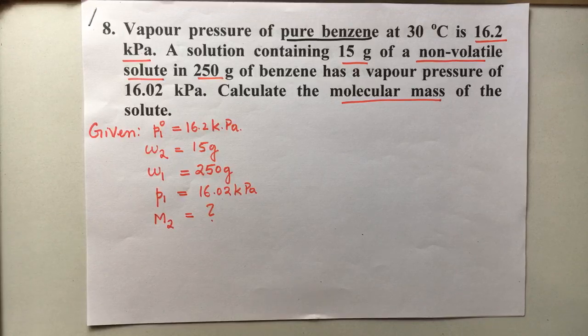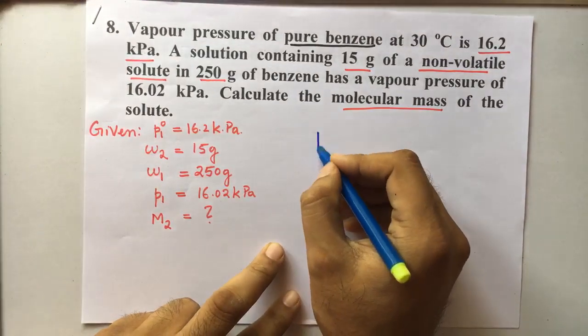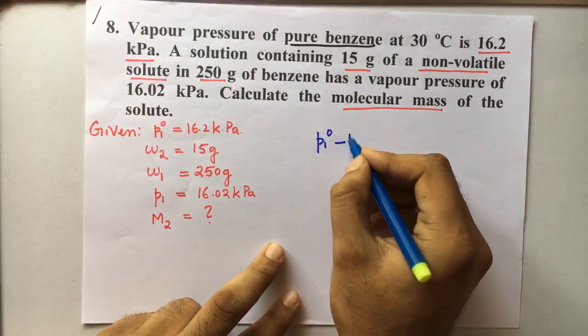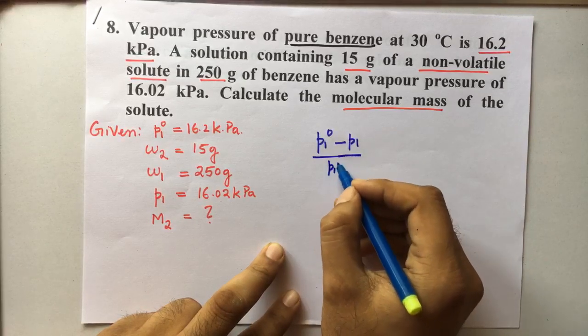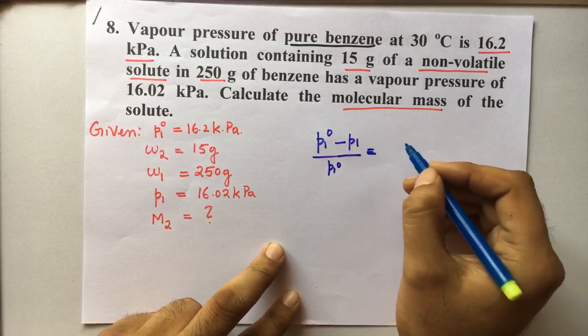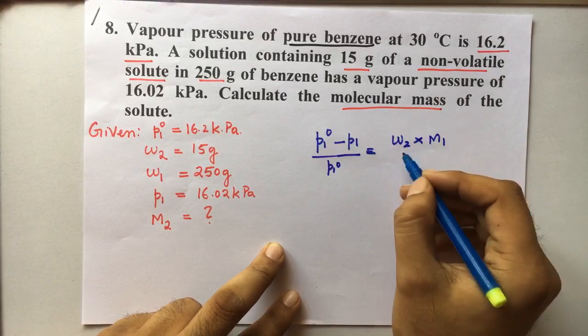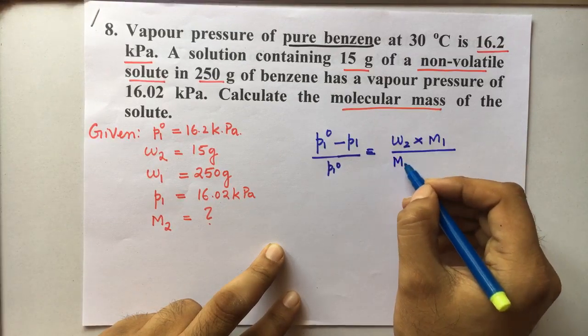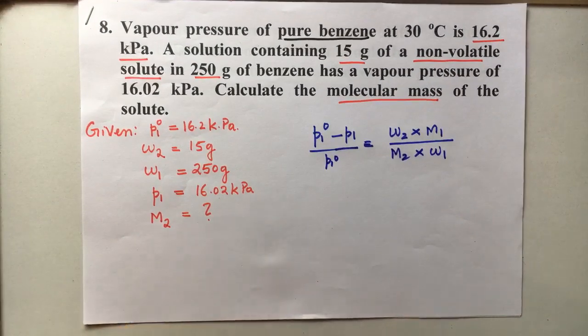Tell me, students, what is the formula that we have to use for RLVP? This problem is connected to RLVP. (P1 naught minus P1) divided by P1 naught equals W2 into M1 divided by M2 into W1. Now we know this is the standard formula that we have derived.